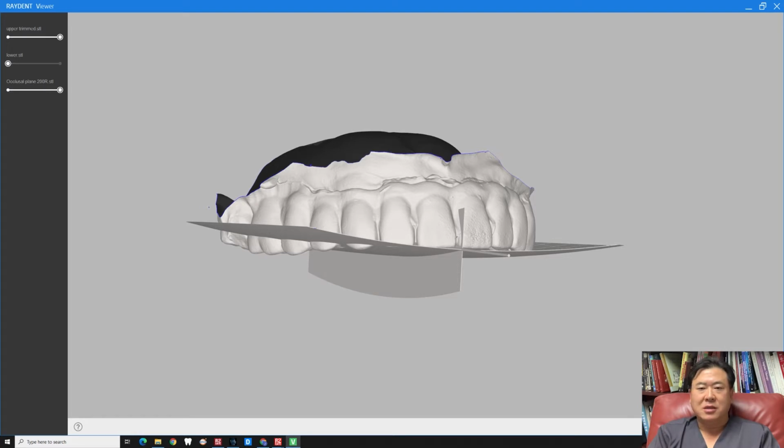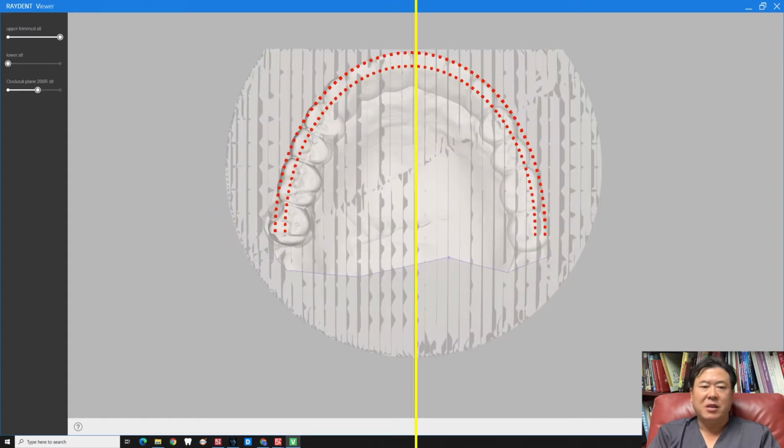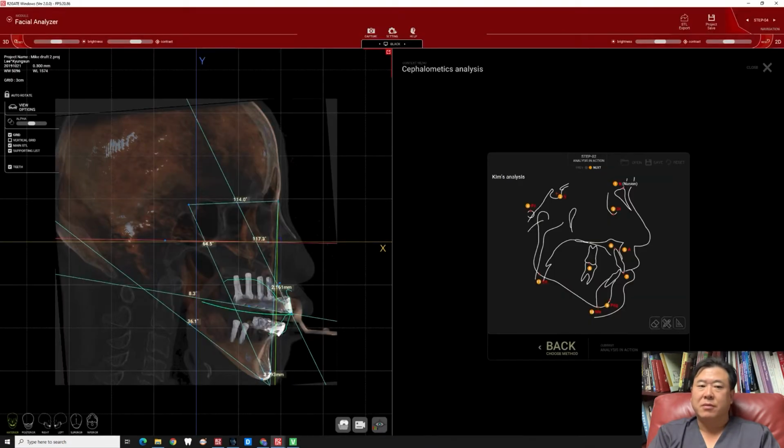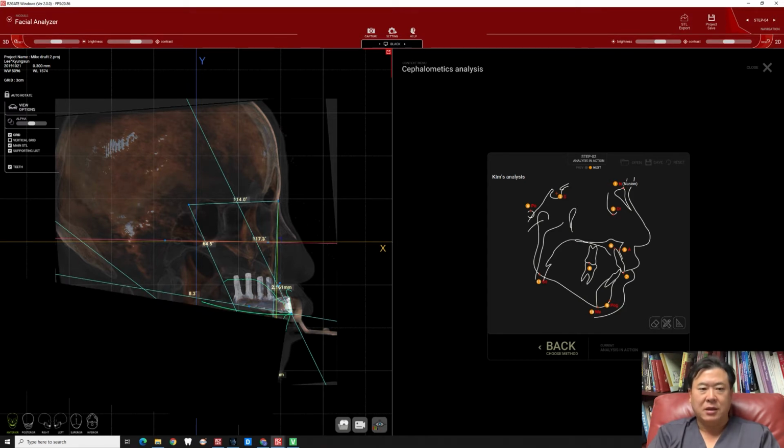I can instantly see that the occlusal plane was not even on one side, and the midline and symmetry were very off. Then I quickly ran the cephalometric analysis program in R2GATE just to look at the occlusal plane and the maxillary information.